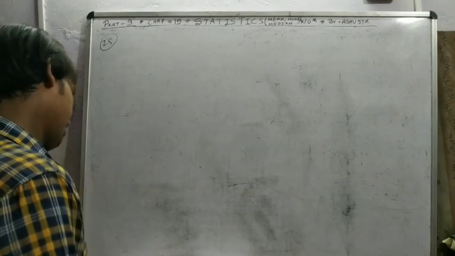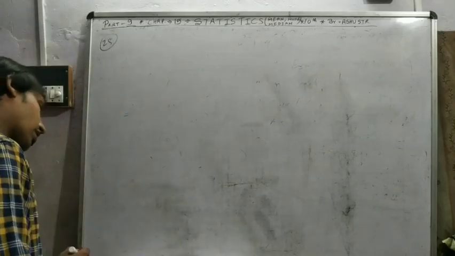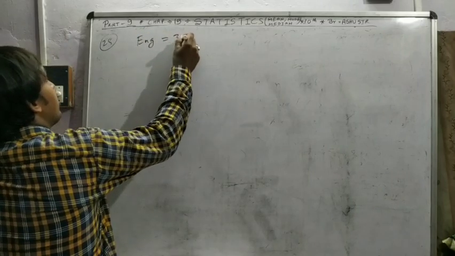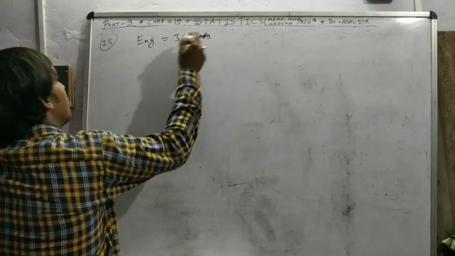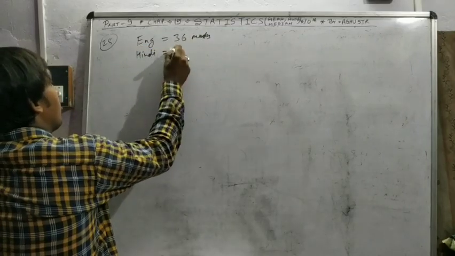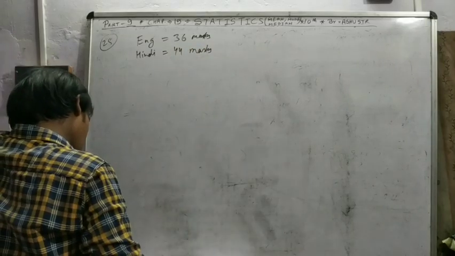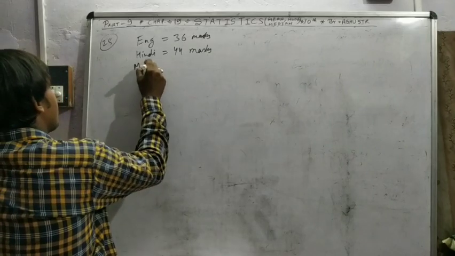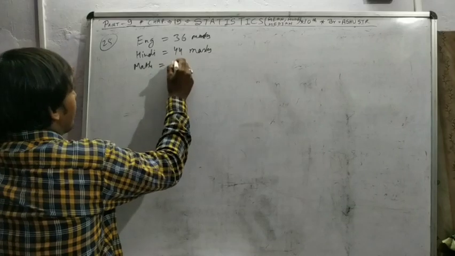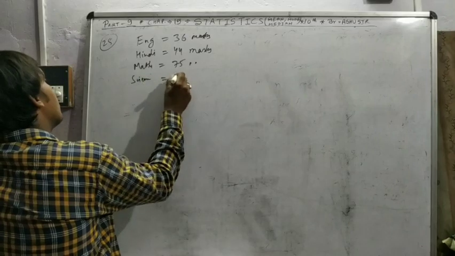Question 25, good question, but it is a class 9 question. Karan scored 36 marks in English, 44 marks in Hindi, 75 marks in Mathematics, and x marks in Science.